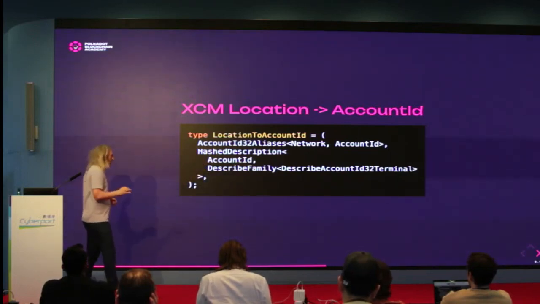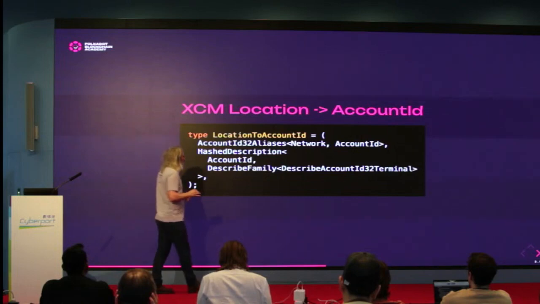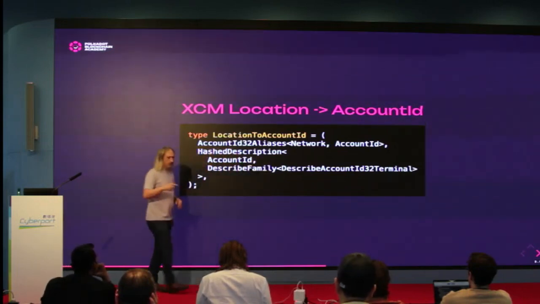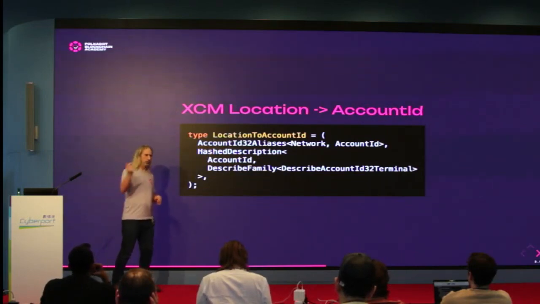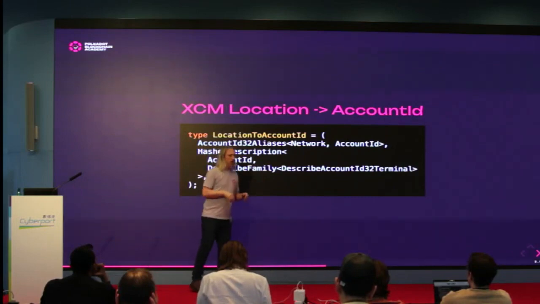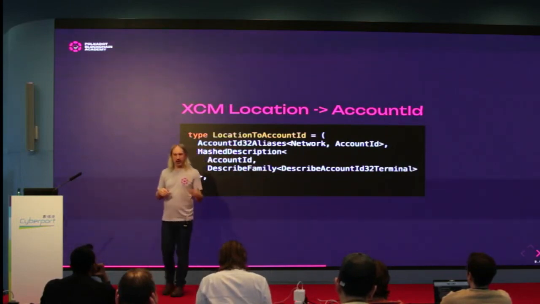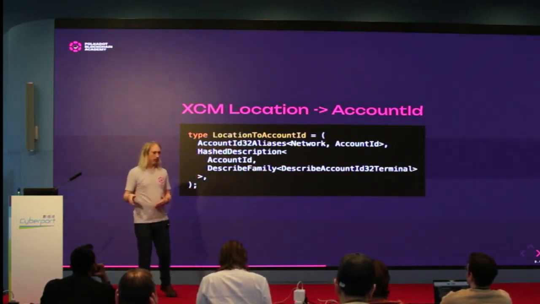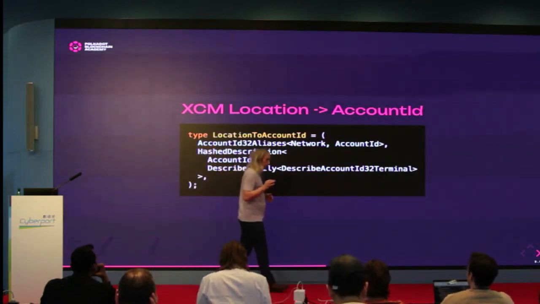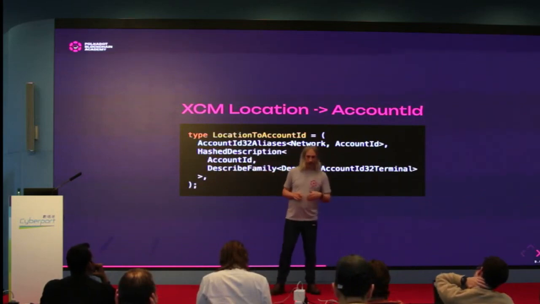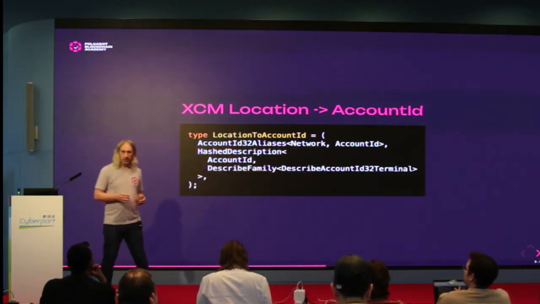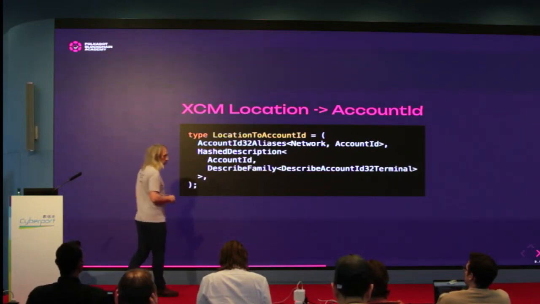Now there are arguments to say, well, actually, what I want is for this other location to map onto this person's account ID on the chain, so that essentially the same account would be controllable by two different locations. This is questionable. There are arguments for it, mostly convenience. The arguments against are of security.